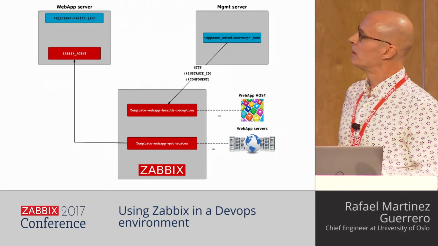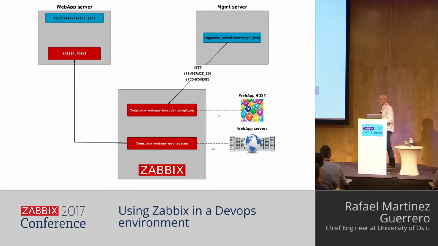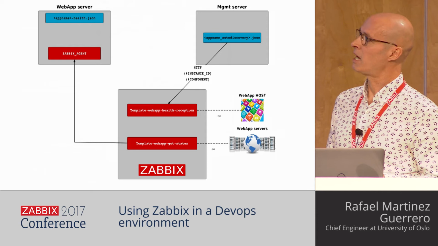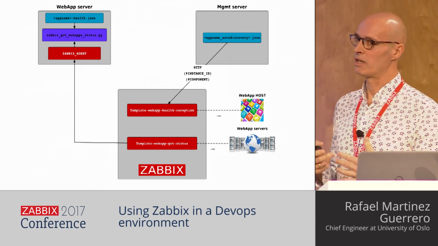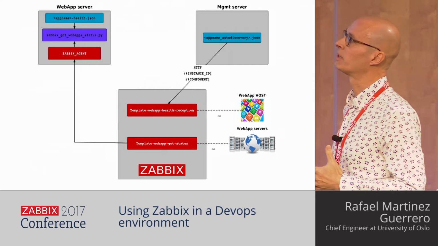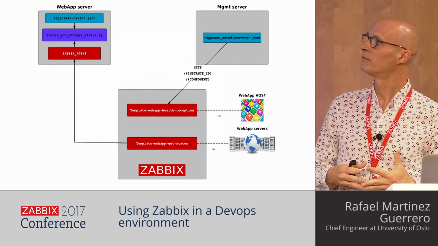And when that is in place, what we will do to start the collection of data is to use the template linked to the servers running applications, and this template will use the Zabbix agent in every server. The Zabbix agent, via the user parameter, will start a script that will read all the health files that we have out there.